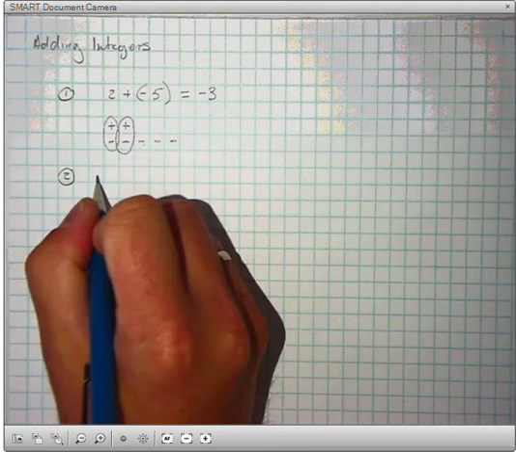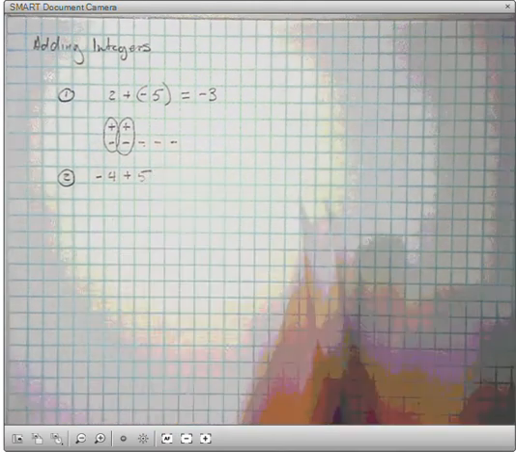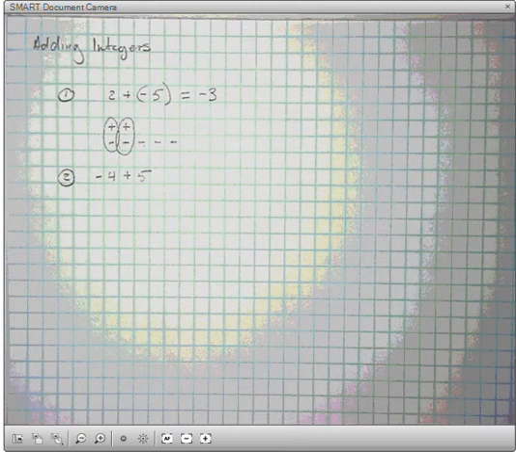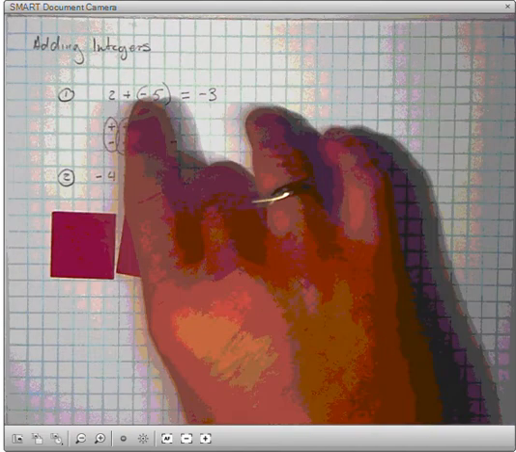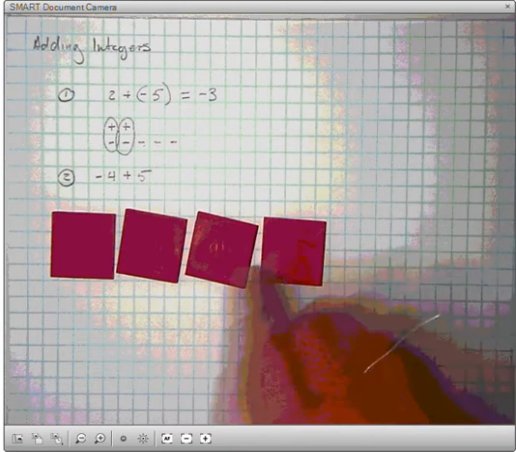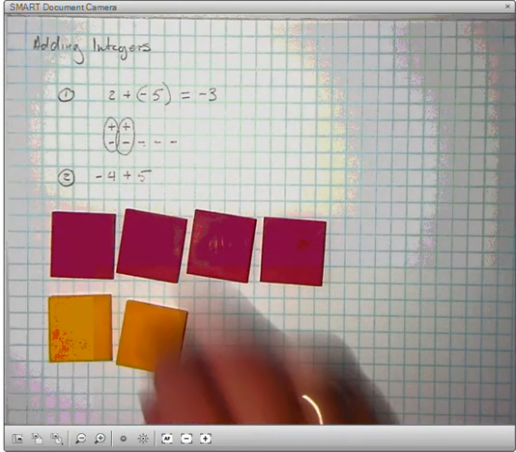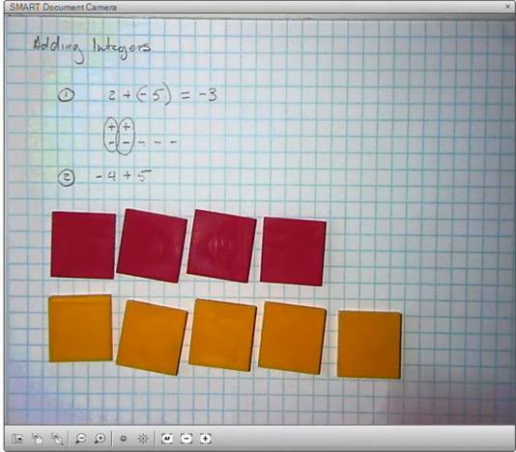Let's look at negative 4 plus 5. Same type of problem. On your paper, represent the 4 negative tiles. And then we add to it 5 positive. 1, 2, 3, 4, 5.